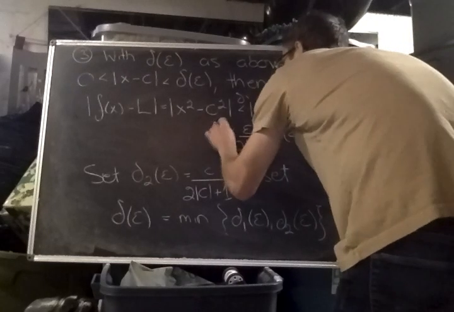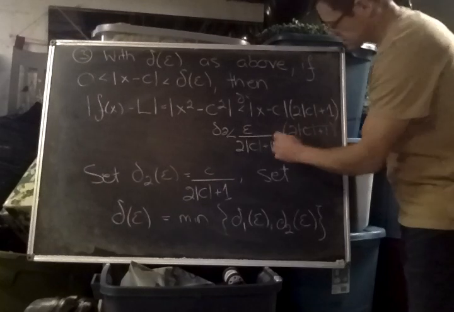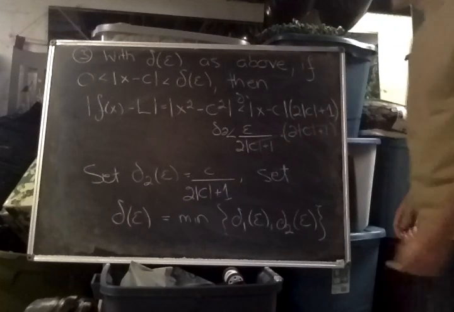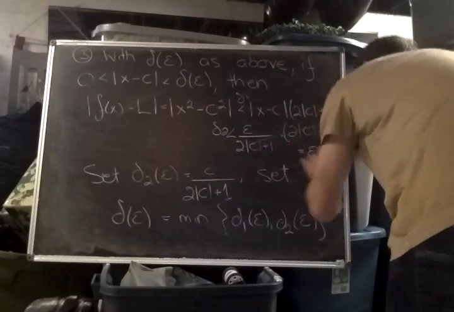That's thanks to your delta 2. And of course, then these two constants will cancel out, leaving you with epsilon.